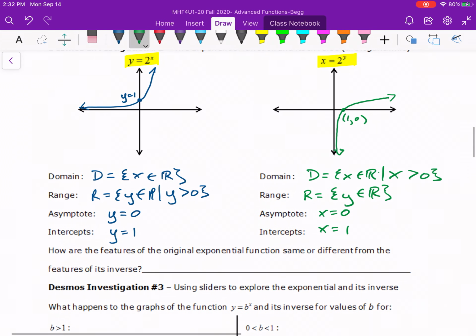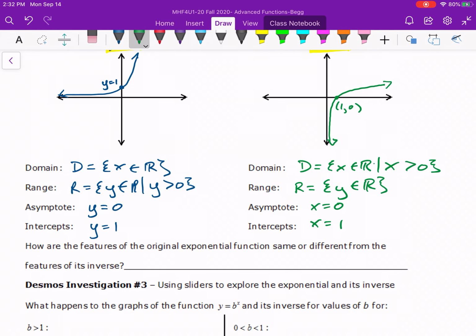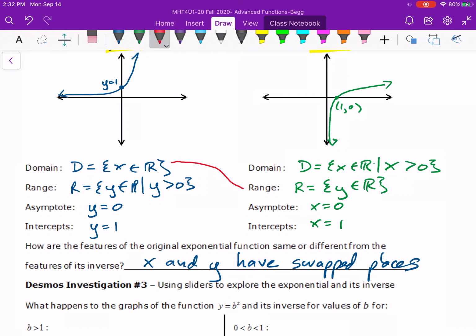How are the features of the original exponential function the same or different from the features of its inverse? Well, in general, x and y have swapped places. Remember, the domain of the original function has become the range of the inverse function.